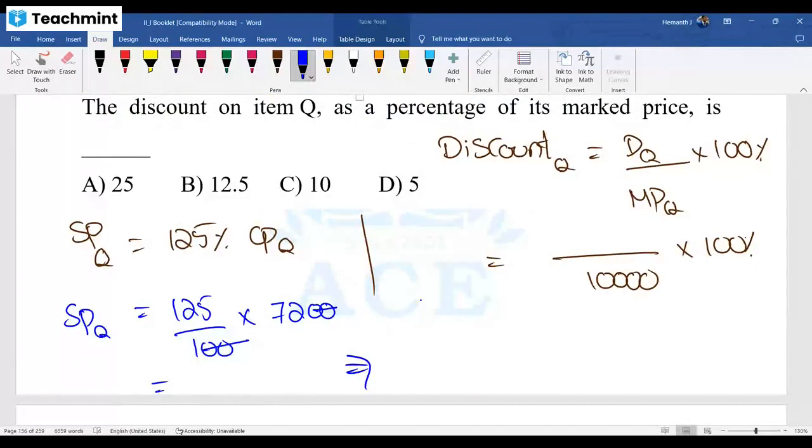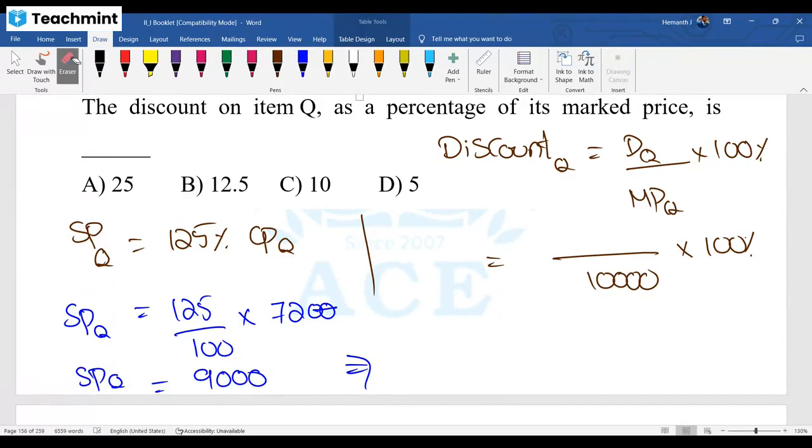How much you got? 125% you can write like 5 by 4, or 9,000, I hope you got. If you are feeling this is a bit difficult for calculation purposes, you can do like 25 is 5 times, 25 4 times, 4 1800s. 5 into 18 is 90, 90 into 100 will give 9,000. Selling price of Q is 9,000.